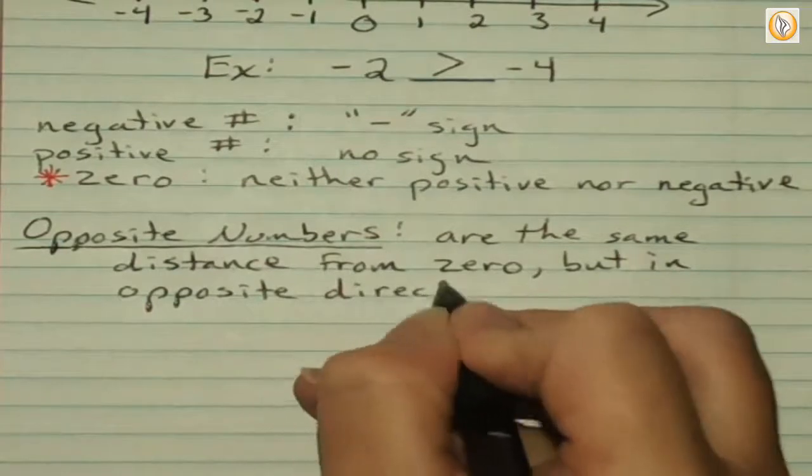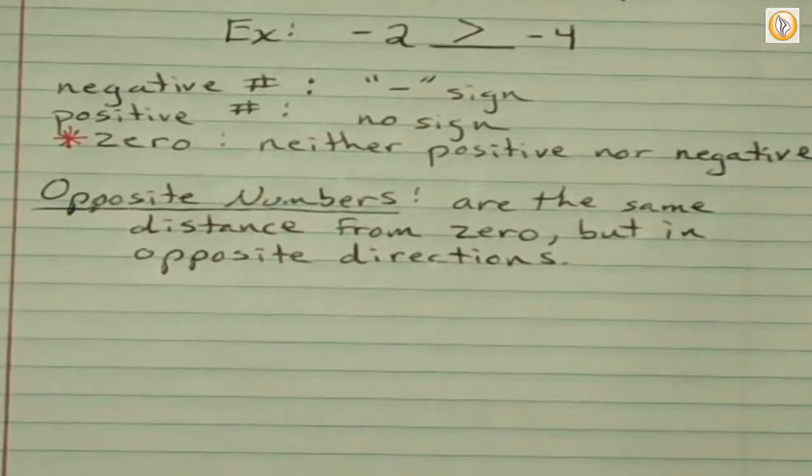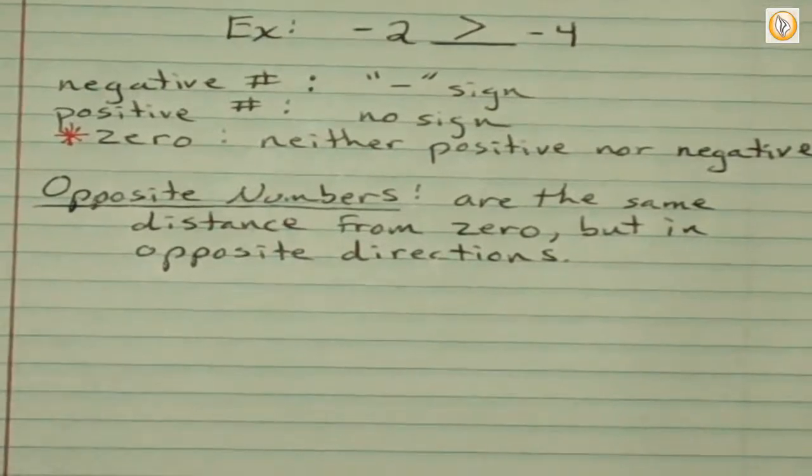Most of this is common sense, but you just have to know this. Opposite numbers are the same distance from 0, but in opposite directions.